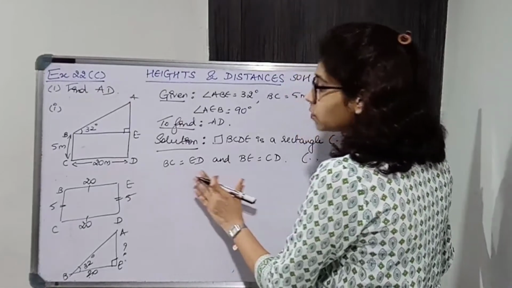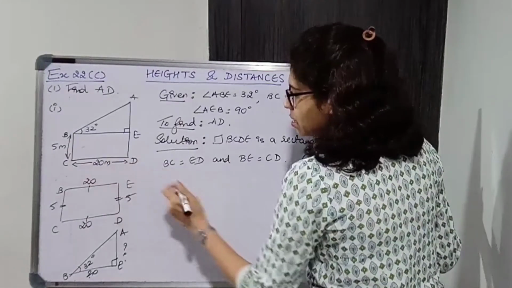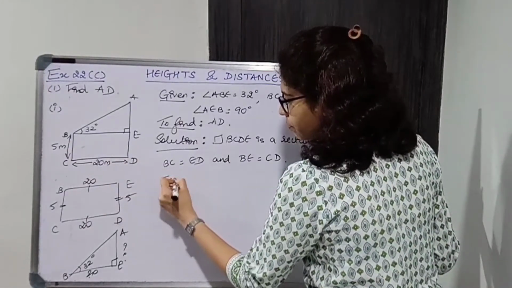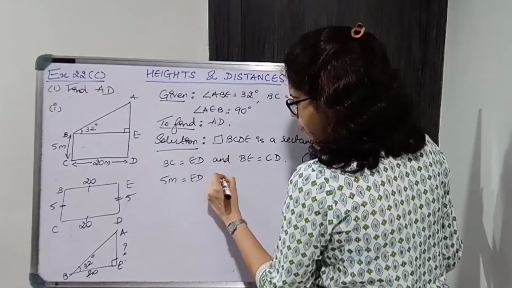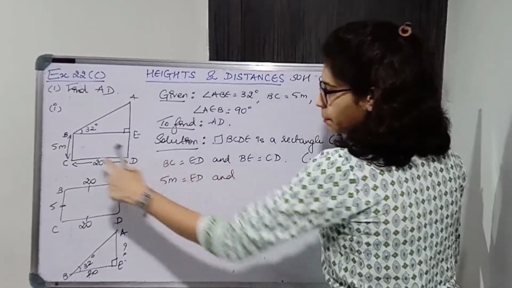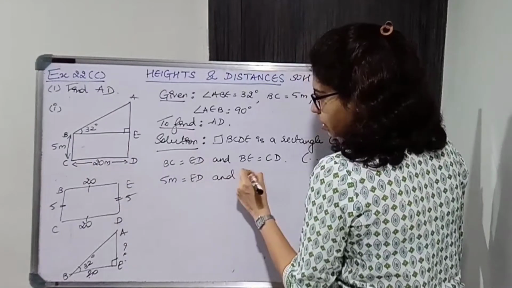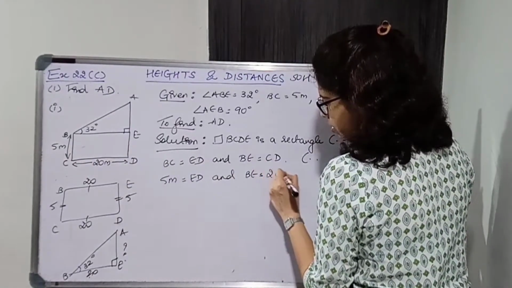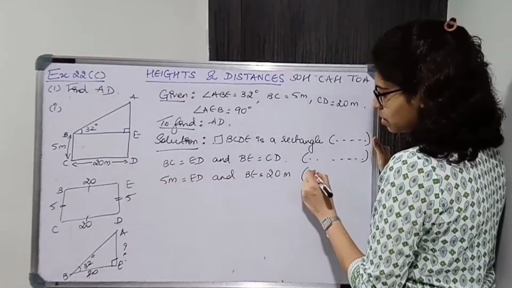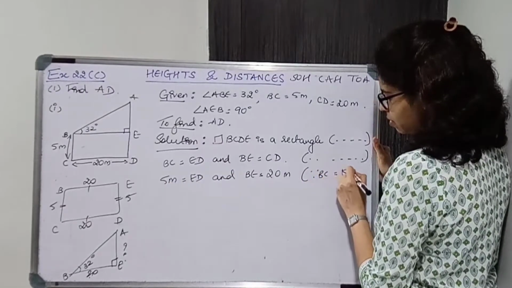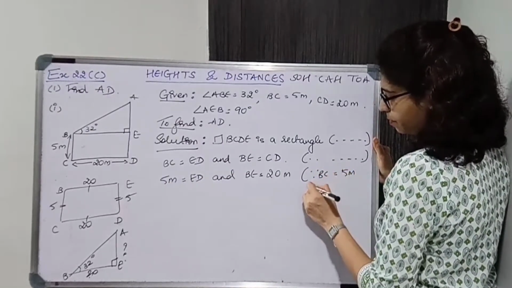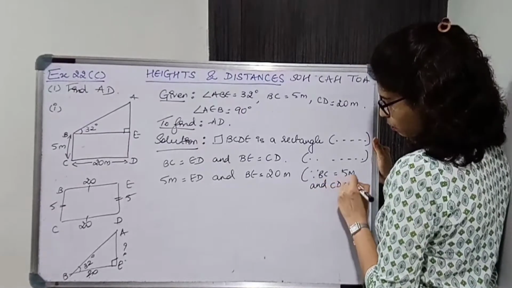Now we know that BC is 5 meters, and BE is equal to CD. So BE is equal to CD, which is 20 meters. So just write down since BC is equal to 5 meters and CD is equal to 20 meters.